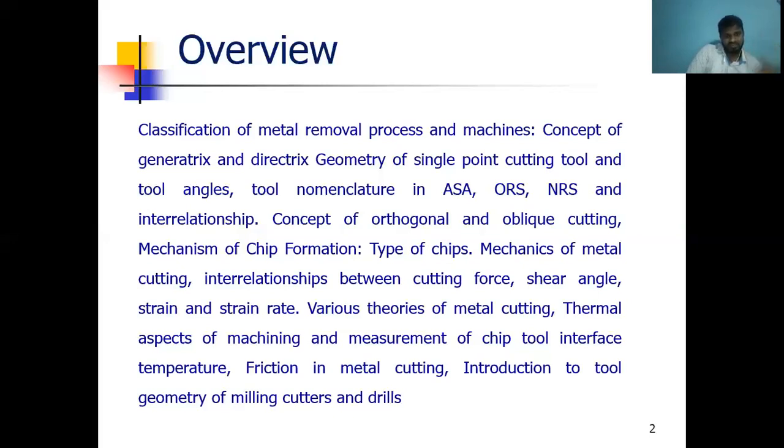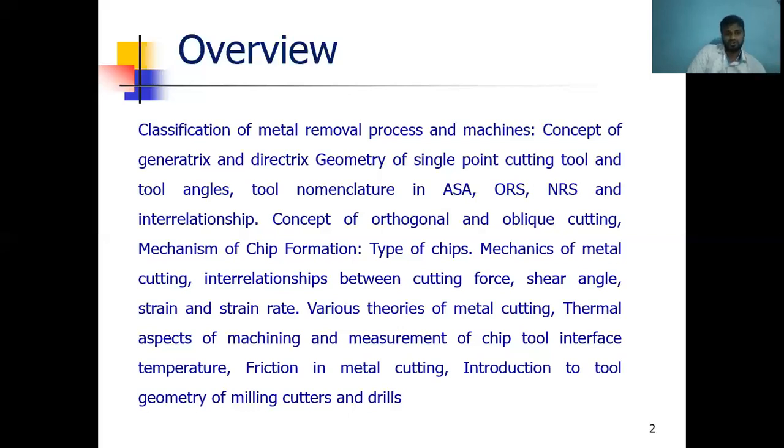The mechanics of metal cutting and the interrelationships between cutting force, shear angle, strain and strain rate. Various theories of metal cutting, thermal aspects of machining, and the measurement of chip-tool interface temperature, and friction in metal cutting.